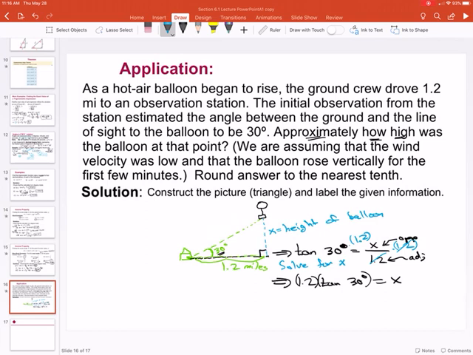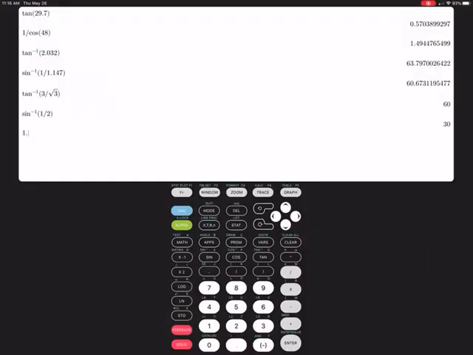So what does x equal? 1.2 times the tangent of 30. Let's put that in our calculator and get our value. Now, tan of 30 is square root of 3 over 3. If you wanted to, you could simplify, but I'm still going to put it in the calculator and let it do the work. 1.2 times the tangent of 30 degrees gives us a decimal value.